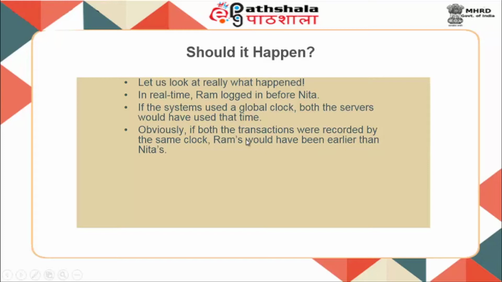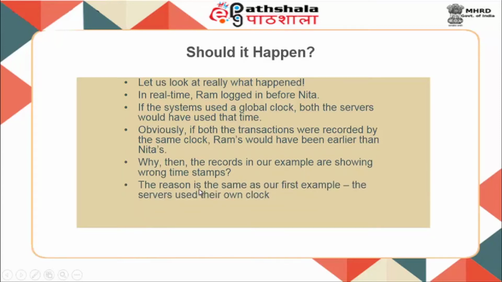Had there been a global clock, Ram's transaction would have shown a time before that of Nita's, but that did not happen in our example because the server of Chennai and the server of Mumbai are using their independent clocks, and these clocks do not match with each other.